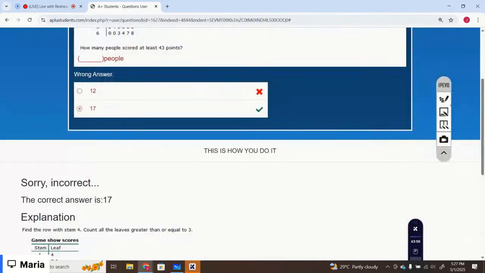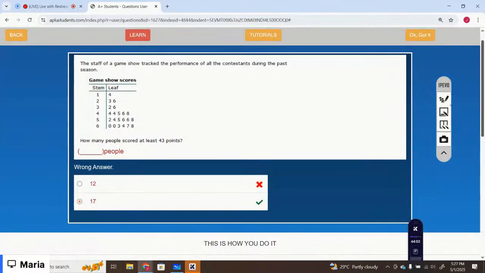Oh, at least 43, yes. So 44 and 45 are also included, sorry.